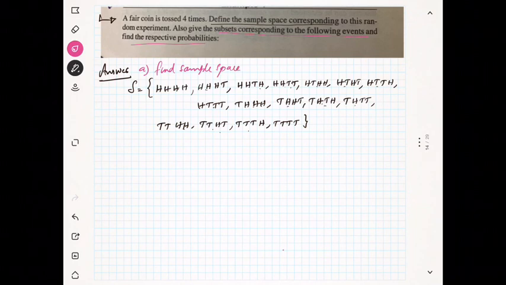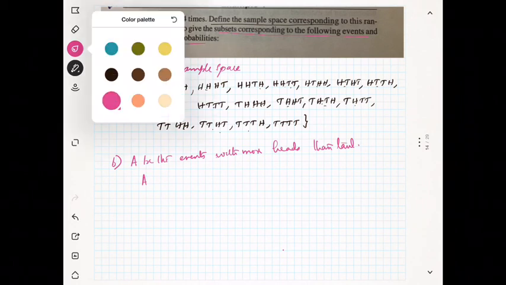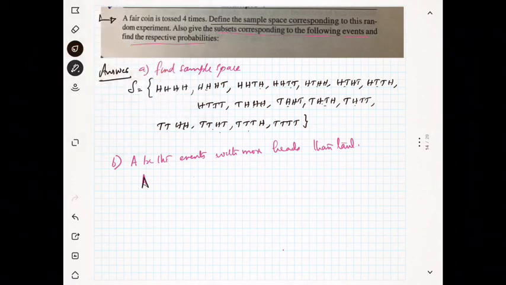And the second part of the question, I will write it: let A be the event with more heads than tails. So the number of heads is more than the tails.